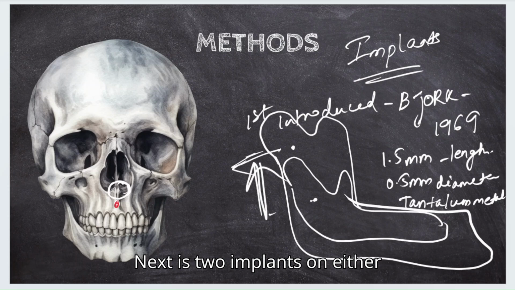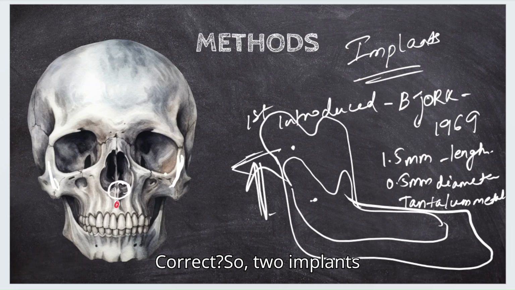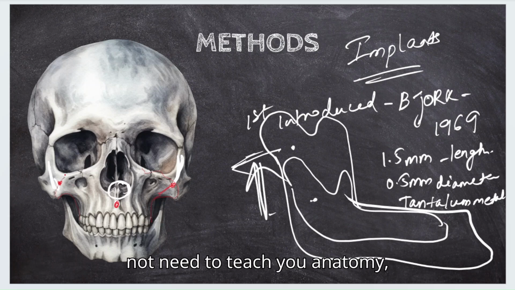Next is two implants on either side of the zygomatic. You know, this is the zygomatic bone. Correct? So two implants on either side of the zygomatic process of maxilla. This is maxilla. I do not need to teach you anatomy, right? This is the zygomatic bone.